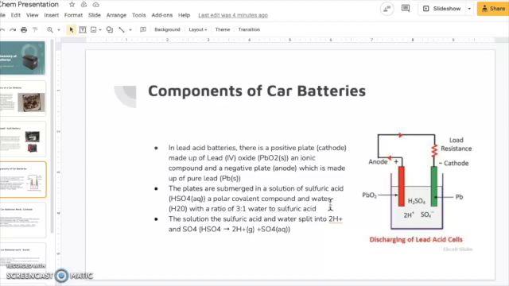And the last bullet point states the solution, the sulfuric acid and the water, splits into 2H plus SO4. And as we can see here, it actually becomes a decomposition as HSO4 splits into 2H plus SO4.